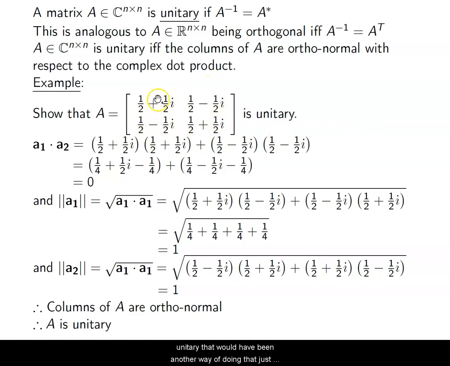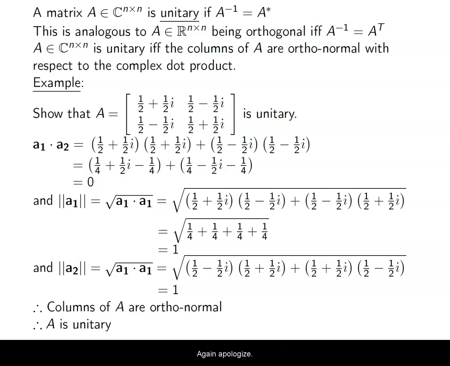So that would have been another way of doing that, just through matrix multiplication. So find A star, take your A star and multiply it by A. It doesn't matter on the left or the right, and you should get out the identity. If you do that, that is an equivalent way of figuring out if something is unitary or not.